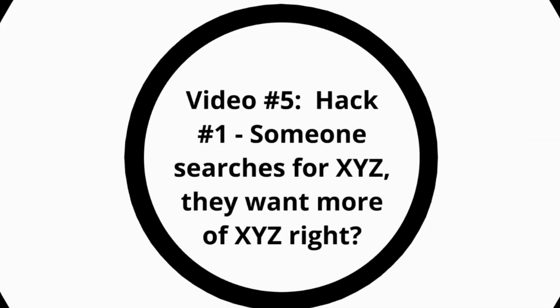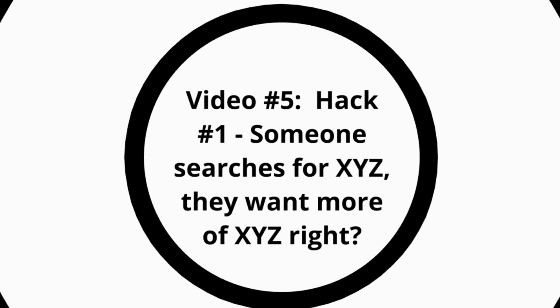Video number 5 is when we start to talk about the hacks. Videos 5, 6, and 7 will be hacks 1, 2, and 3. So hack number 1 is all about this. When somebody comes to your website and everything is fast loading, they think, okay, I'm searching for something specific.